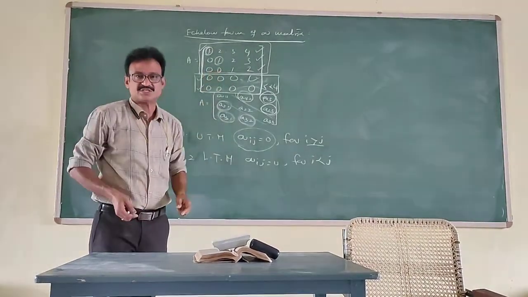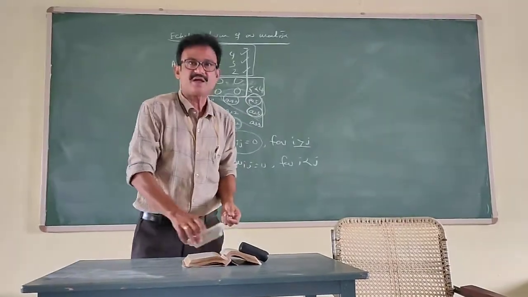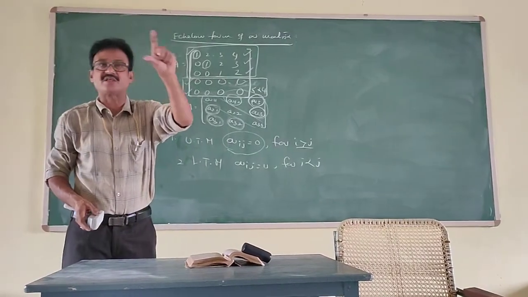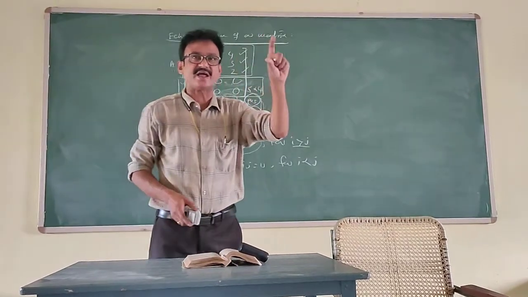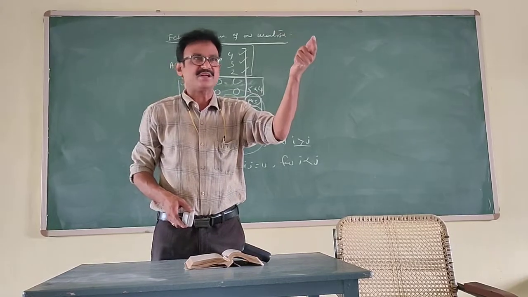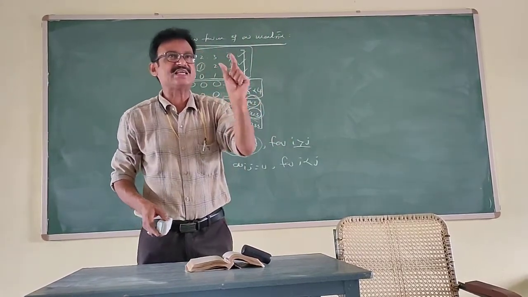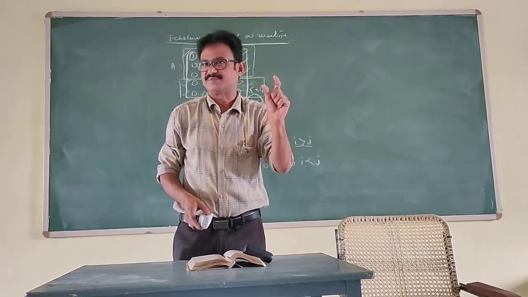Now we write the rank of a matrix. There are a number of definitions for the rank of a matrix. Already I have given definition 1, which is that the rank of a matrix is the size of the largest minor.